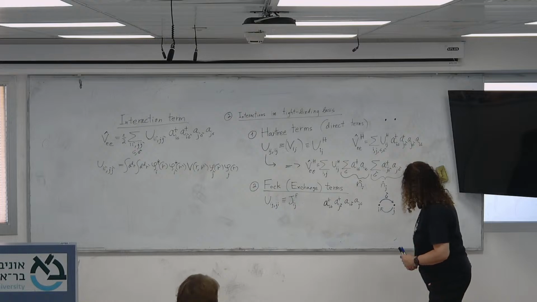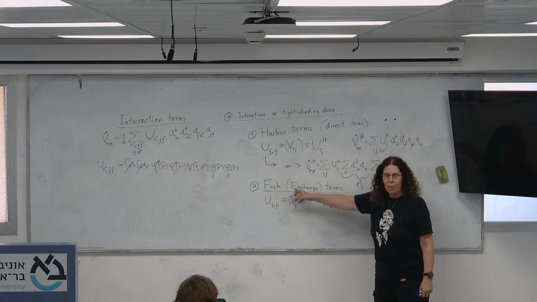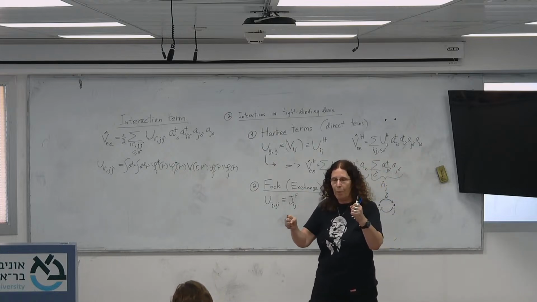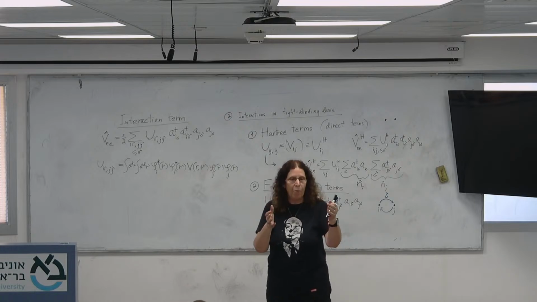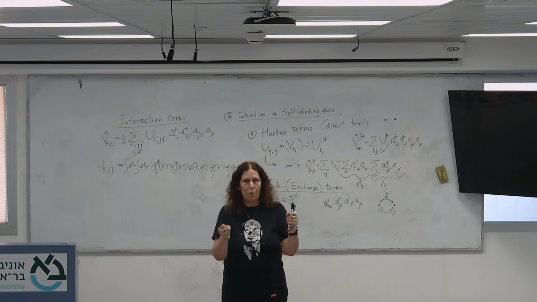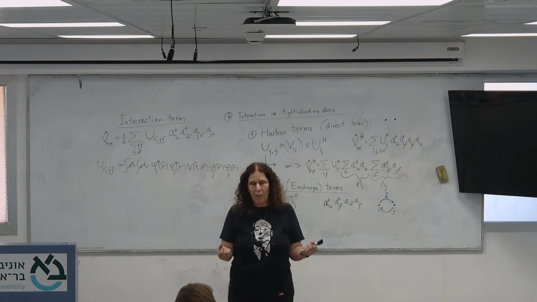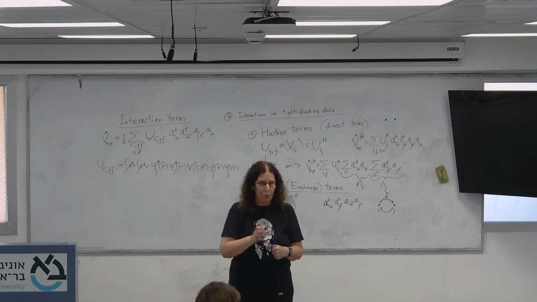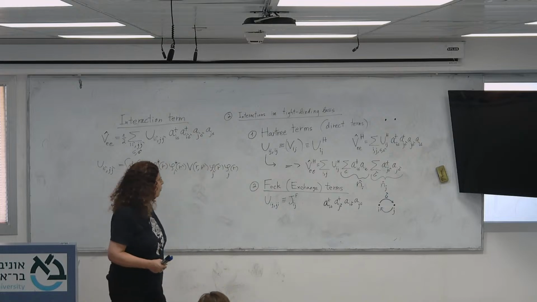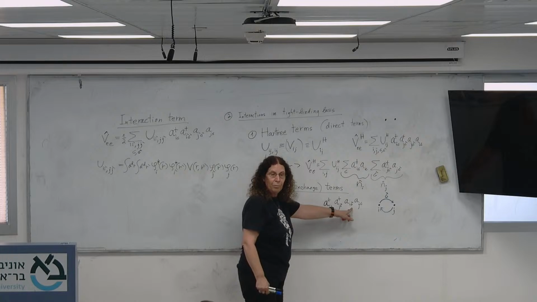Because, you see now why it's called exchange? Because it's a process where you take two particles with, let's say, different colors. If they have different spins, you exchange them. Okay? Actually, even if they have the same spin, you can exchange them.